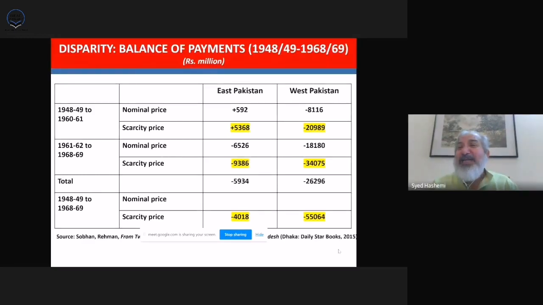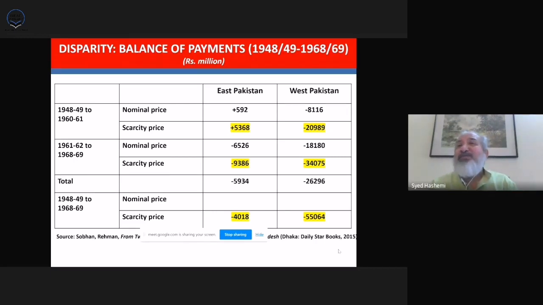The balance of payments, this is exports versus imports. And so the net disparity is being met by the government. East Pakistan imported 4 billion rupees more than it exported. West Pakistan imported 55 billion rupees more than it exported.